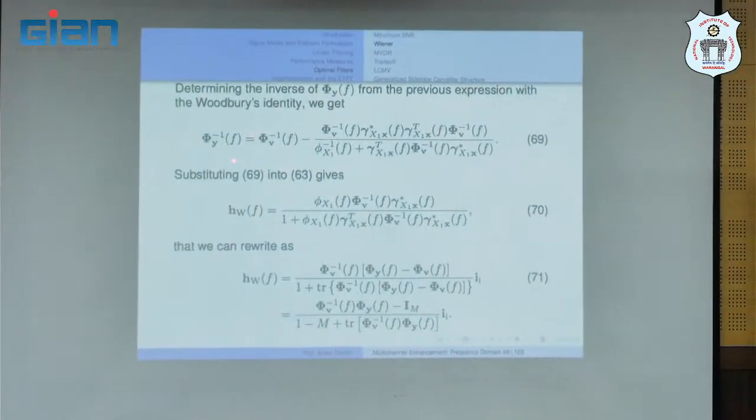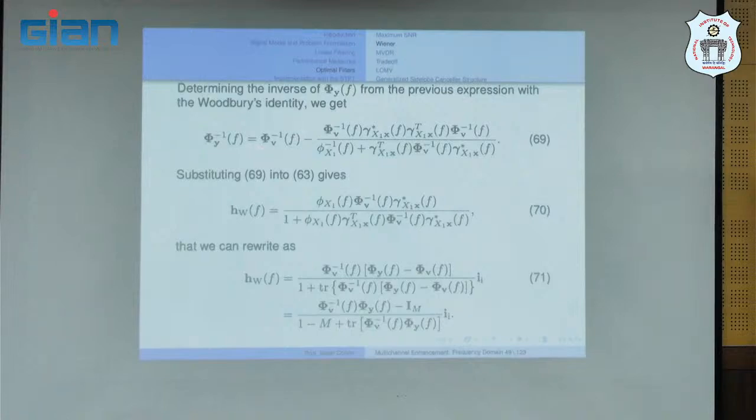Okay, let's continue. Now, using Woodbury's identity, we can replace the inverse of this matrix by this expression. If you are not familiar with that, please look at the internet, what is the Woodbury identity, and try to prove this relation.